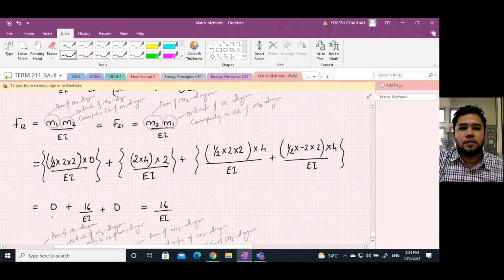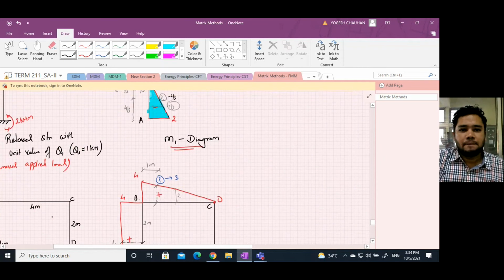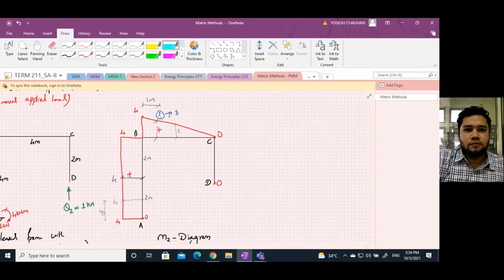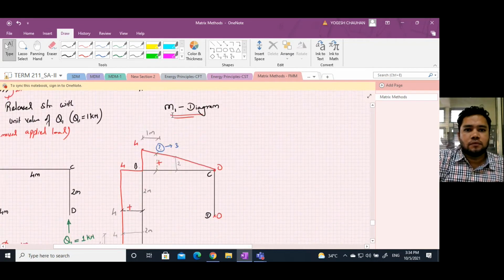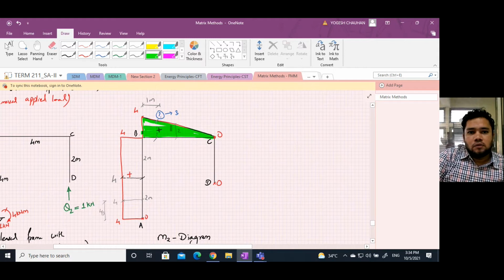So let us find the area. Area of this triangle and area of this rectangle.